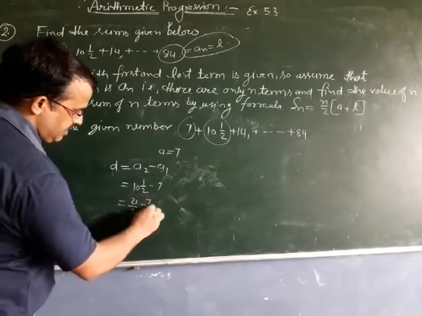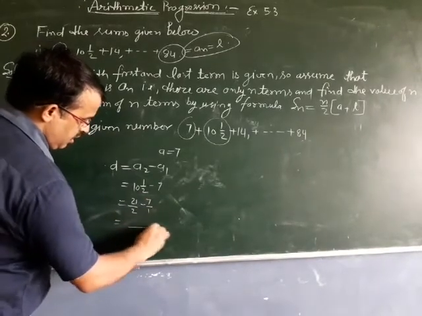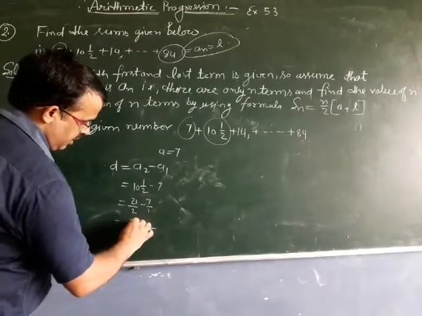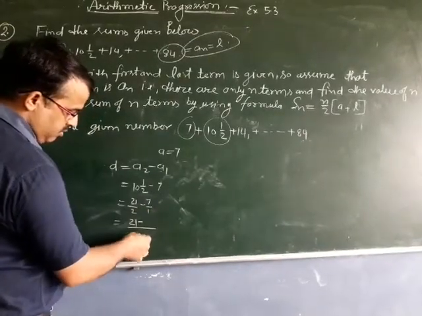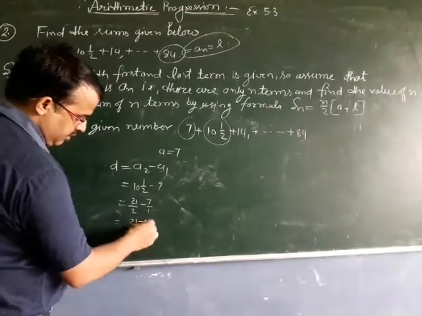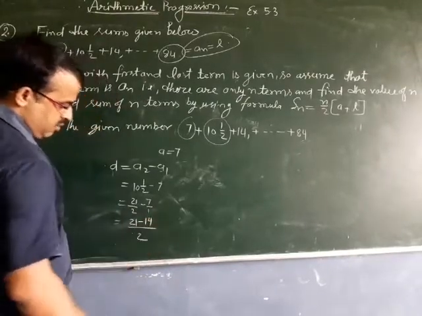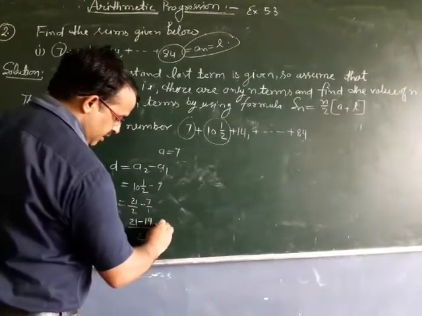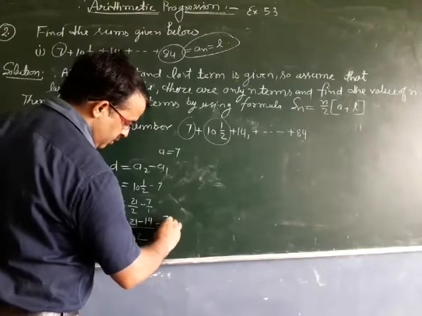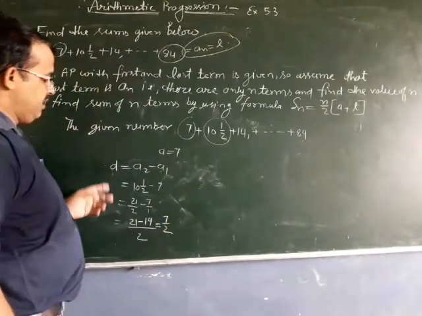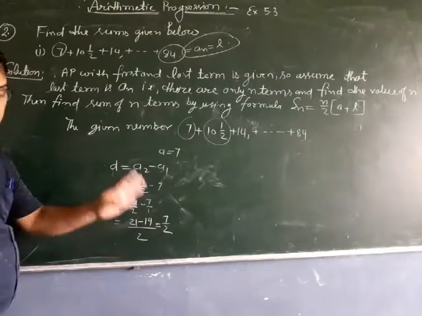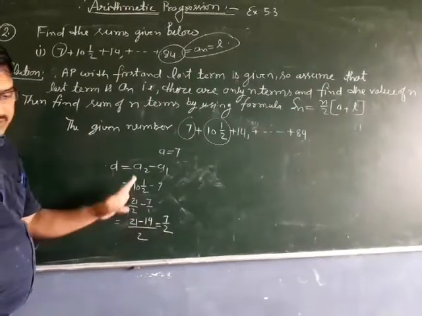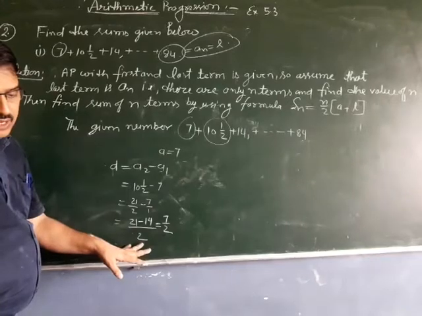The LCM here is 2: 21 minus 2 into 7, that is 14. So what we get is 7 by 2. So the common difference is d is equal to 7 by 2. Clear?